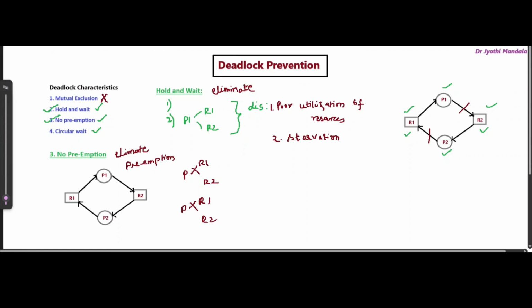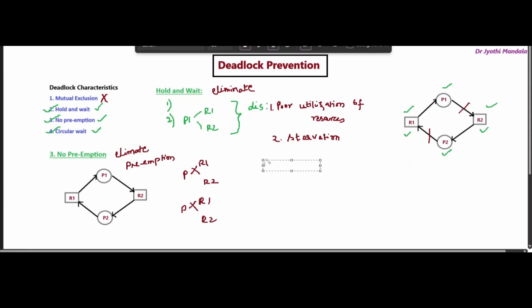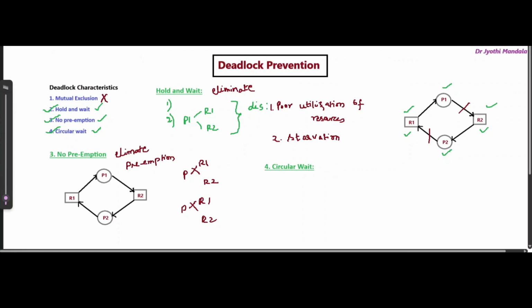Okay, let's move to the fourth one. The fourth one is circular wait. So keep your heading, all of you, circular wait. Now, what is circular wait? You all know this scenario.